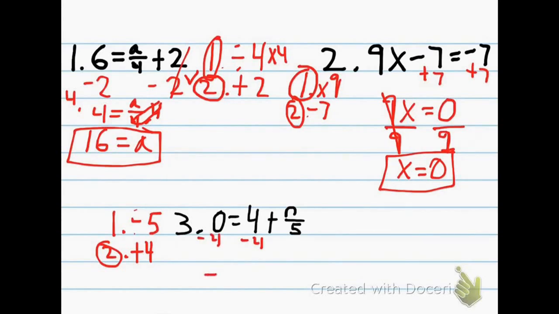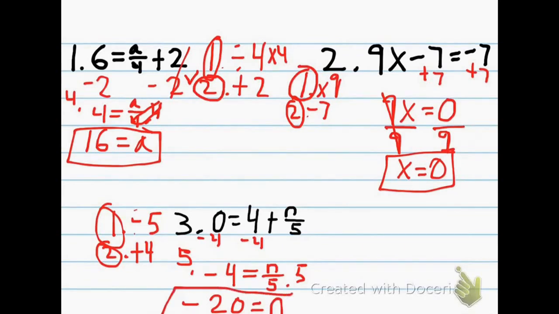So you're left with negative 4 equals n divided by 5. So instead of dividing by 5, we have to multiply by 5. Do that to this other side. Then your answer is negative 20 equals n. Hopefully you got that answer.